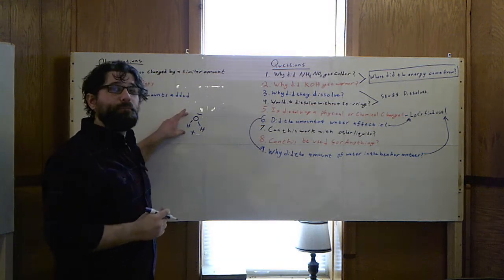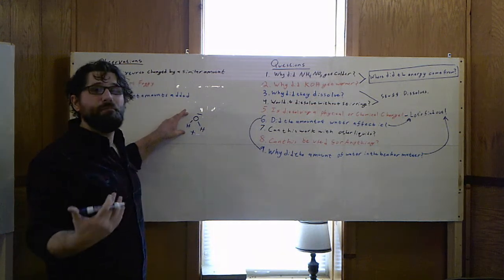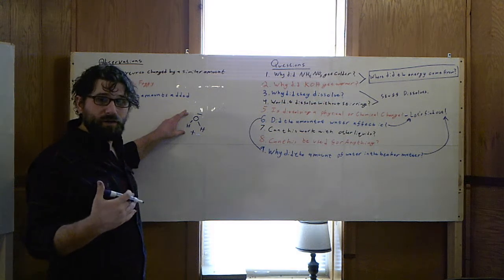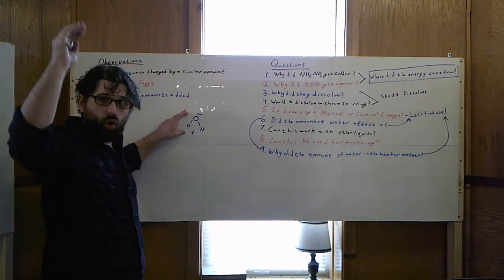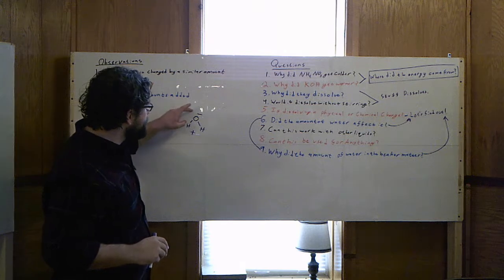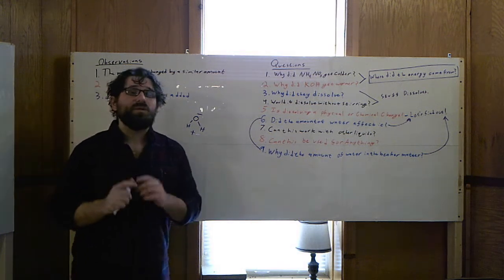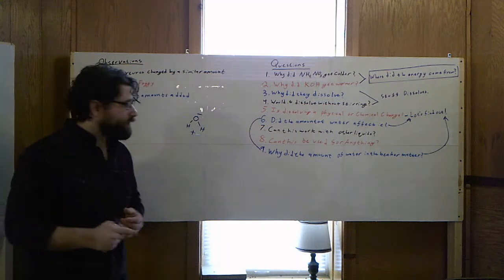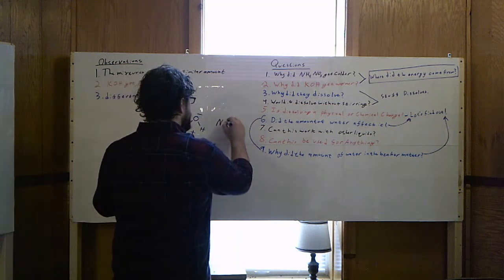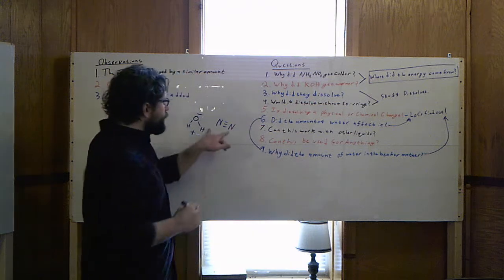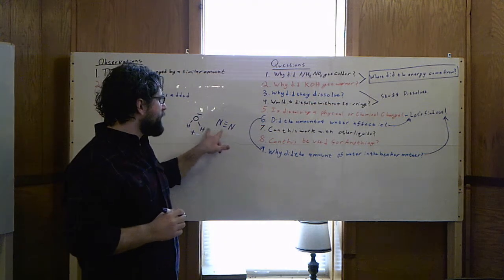This is called polarity. Just like a magnet has a polarity, just like the Earth has a North Pole and a South Pole, it has these negative and positive poles. Not all liquids have that. So if I had something like liquid nitrogen, it would just be N triple bonded with another N. There's no polarity here because these are the same.